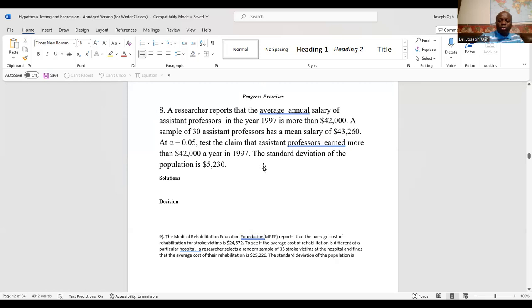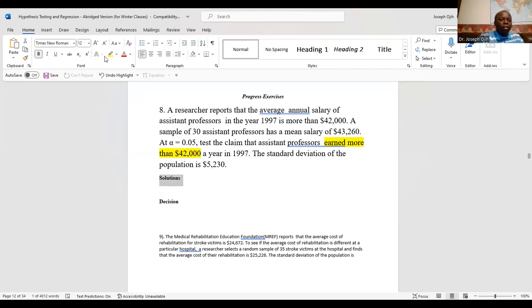So I want to show you that that's the key for you for stating hypothesis. Remember, I showed you how to state hypothesis last week, and this is a part of it right here. Now, it says earn more than $42,000 a year. So the first thing to do is to state your null and alternative hypothesis. So I'm going to make this a little bit bigger.